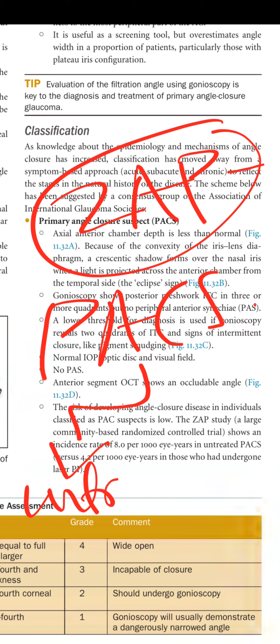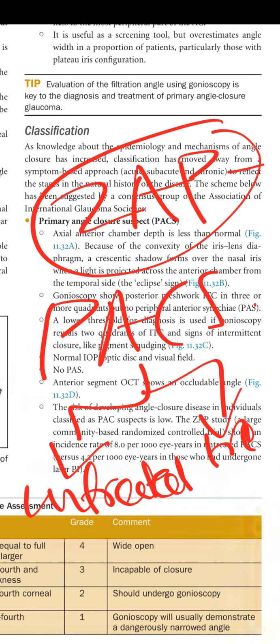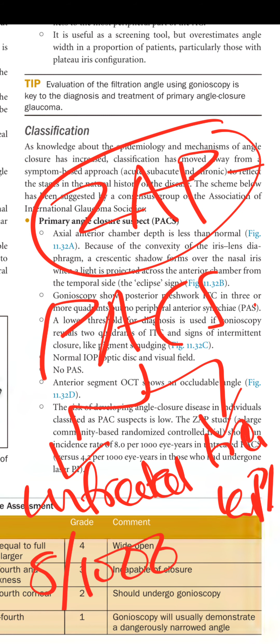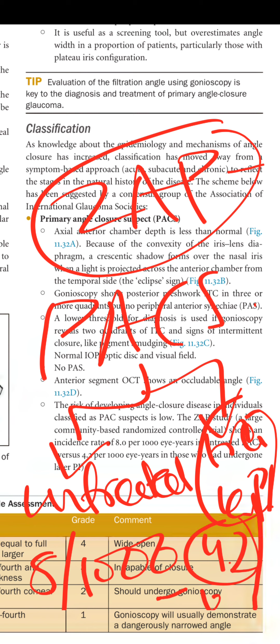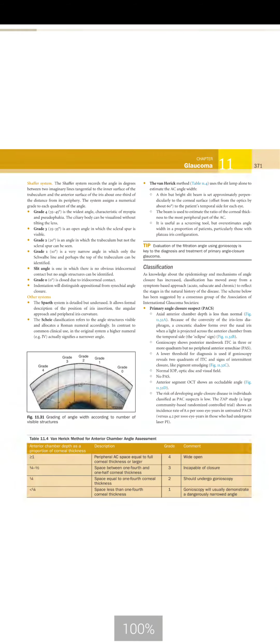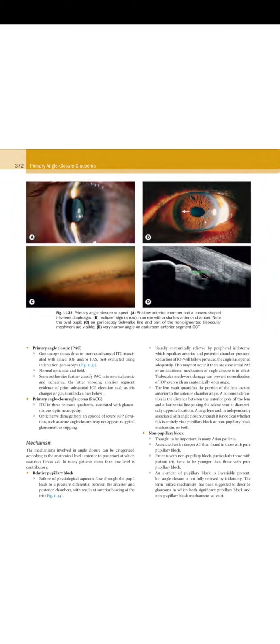One group was left untreated and one was treated with laser peripheral iridotomy. In the untreated eyes, 8 out of 1000 eyes developed glaucoma, whereas in those treated with laser PI, 4.2 out of 1000 eyes developed glaucoma. So it did not make much of a difference.